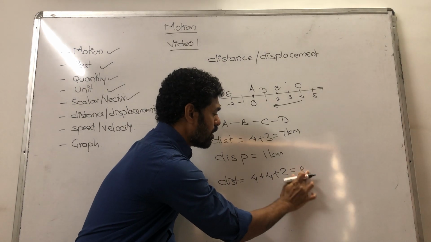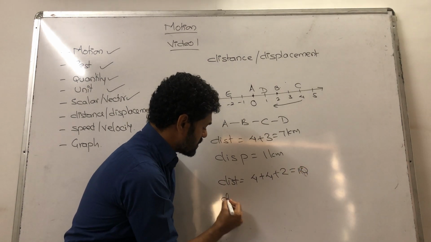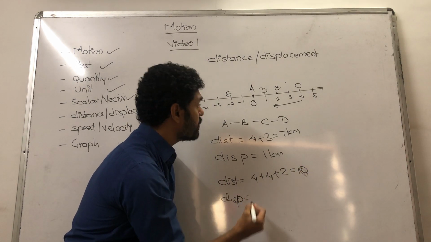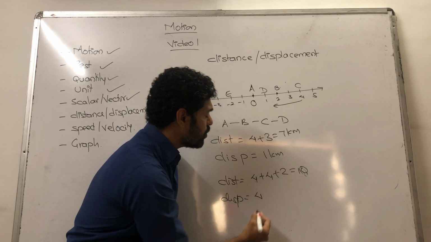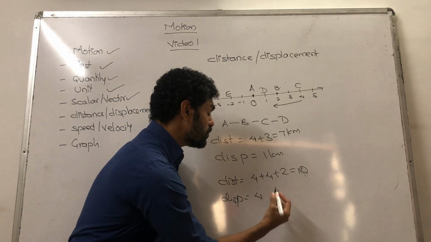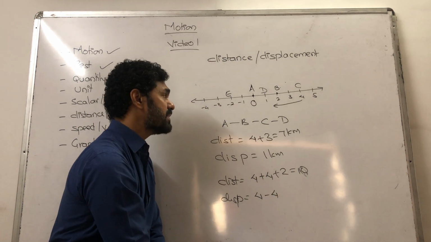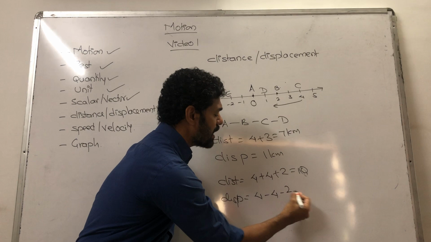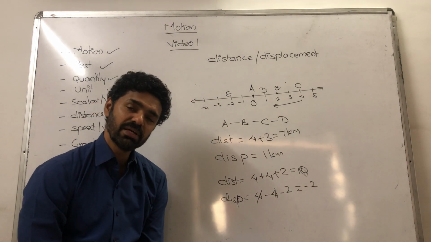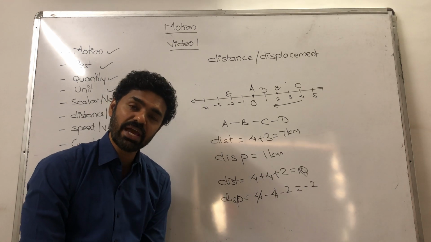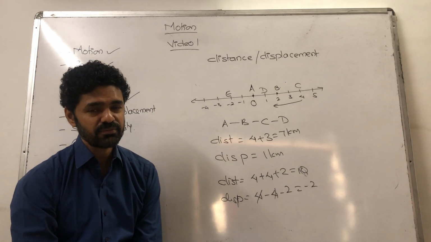So it is 10 kilometers. But displacement would be, you first went A to C to the right 4, then C to A to the left is negative, and then from A to E again to the left. So your displacement is minus 2 kilometers. Hence we say displacement can be negative.